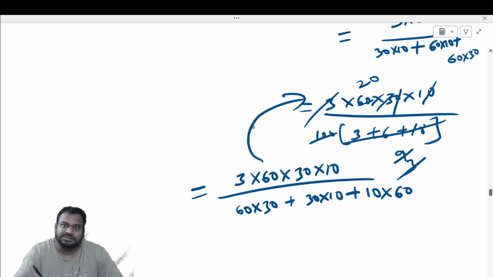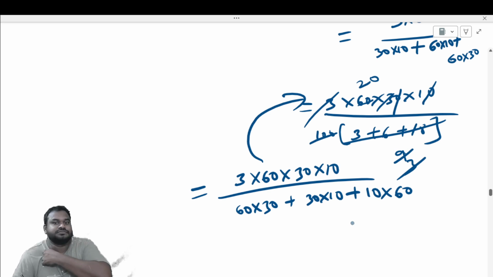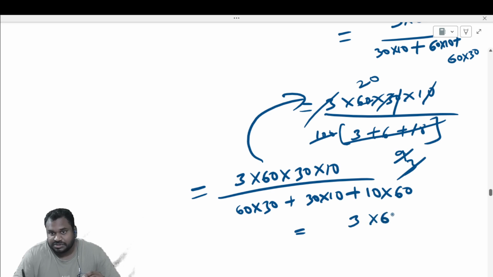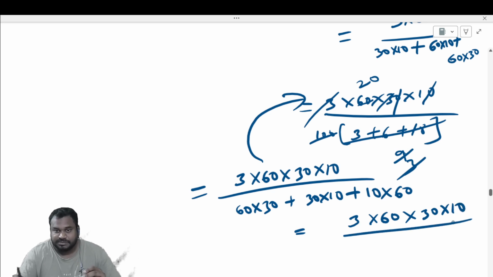This is same as this. We will do it. 20 is the answer. If you want, you can solve it again using the shortcut.